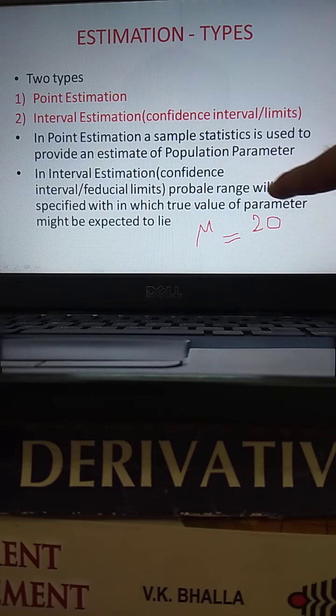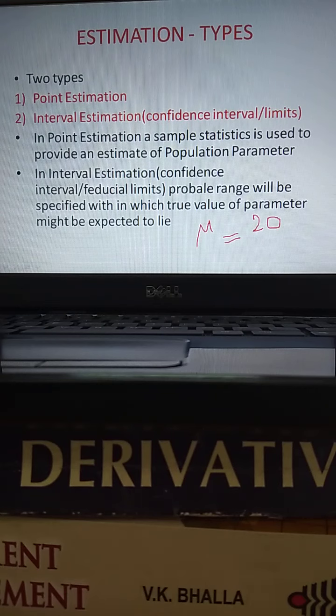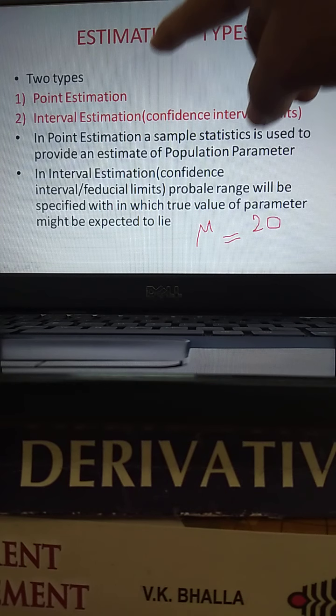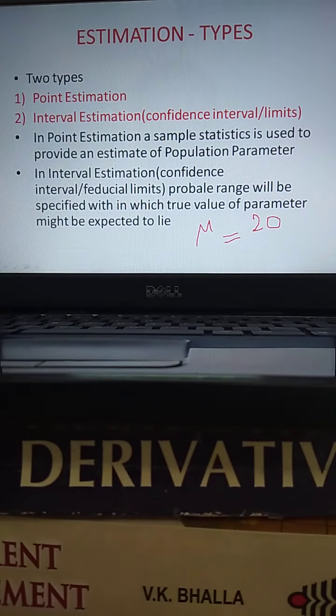Here the 20 is a single number. If you provide a single number as your answer, you call such a kind of estimation a point estimation. Pointedly you are giving the result about the population parameter.